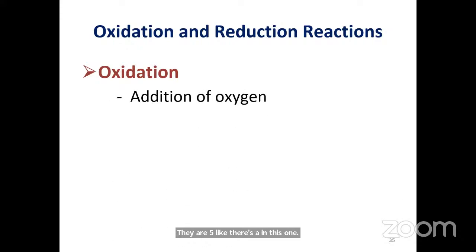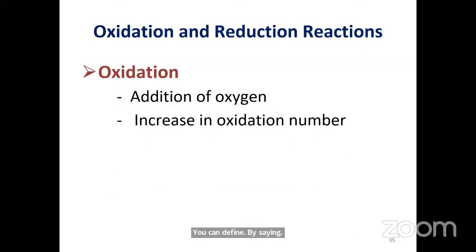What are the different ways oxidation can take place? The first thing is addition of oxygen. We can define oxidation by saying we have added oxygen. Another way we know that oxidation has taken place is increase in oxidation number.